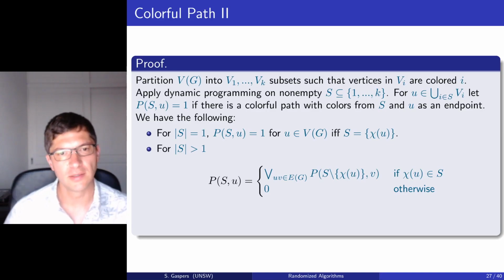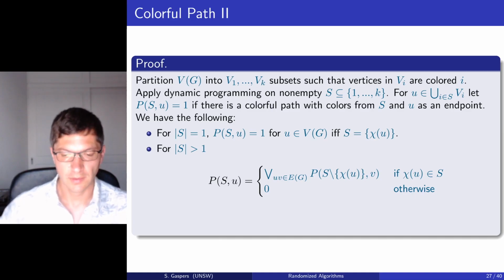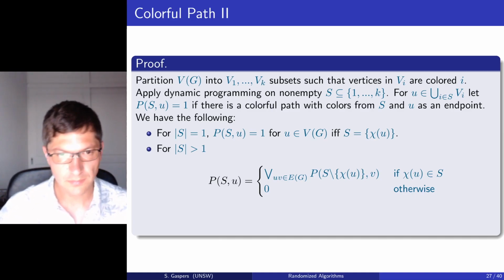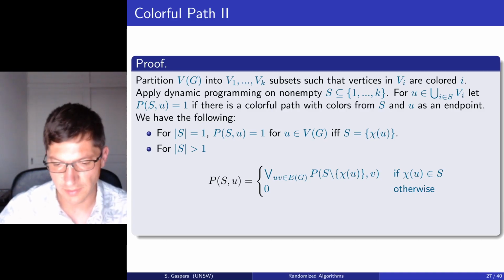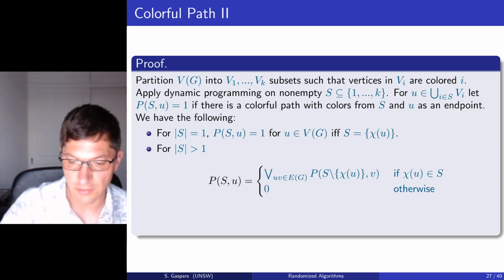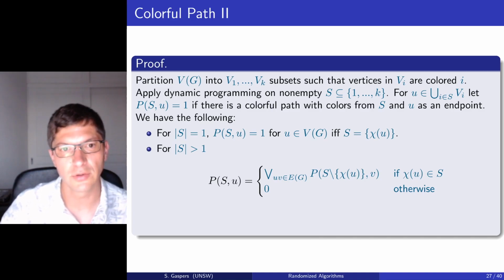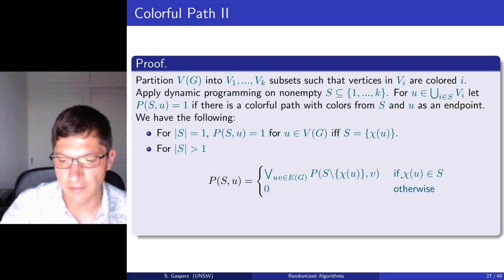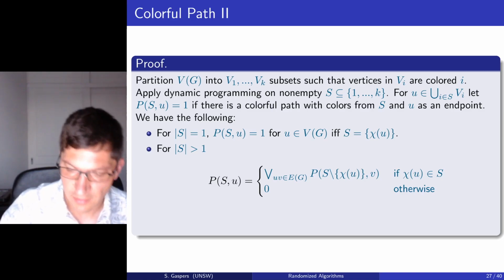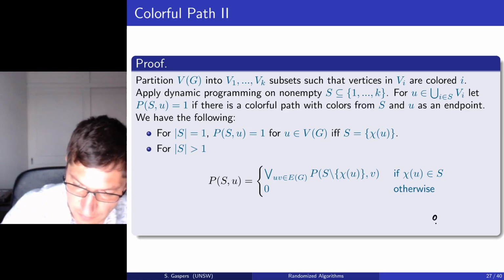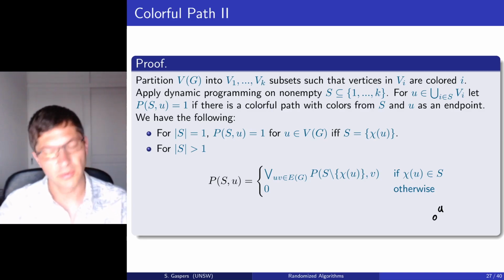If the size of S equals 1, then P(S, U) is equal to 1 only if the unique color of S is U's color, and P(S, U) is 0 otherwise. Now if S is larger, then P(S, U) is equal to 0 if the color of U doesn't even occur in S. If the color of U occurs in S, then U must be an endpoint of a path.